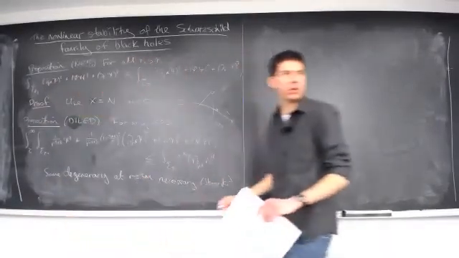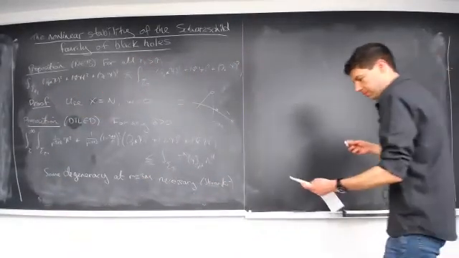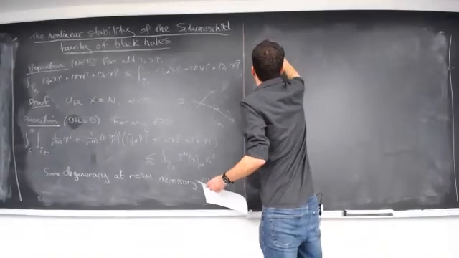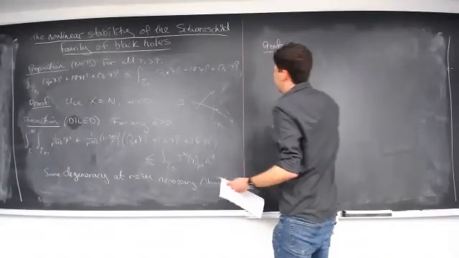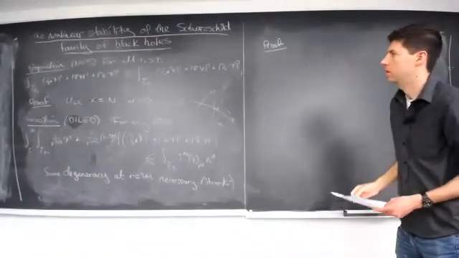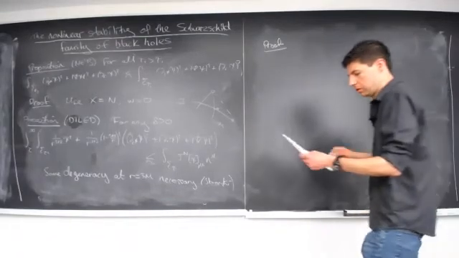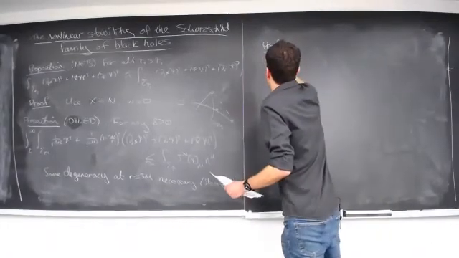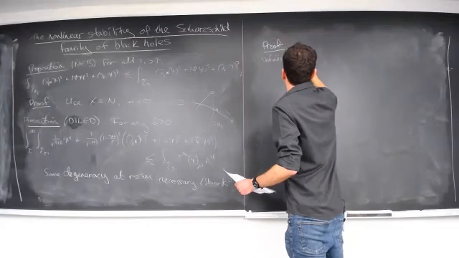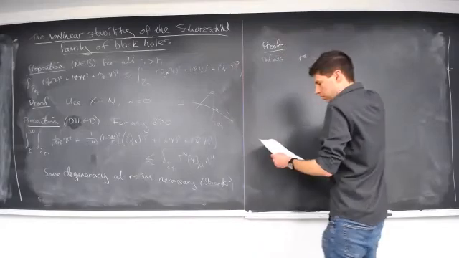So the proof is: choose an appropriate multiplier. It's a bit more difficult in these t, r star coordinates. So one defines this r star, the Regge-Wheeler r star.